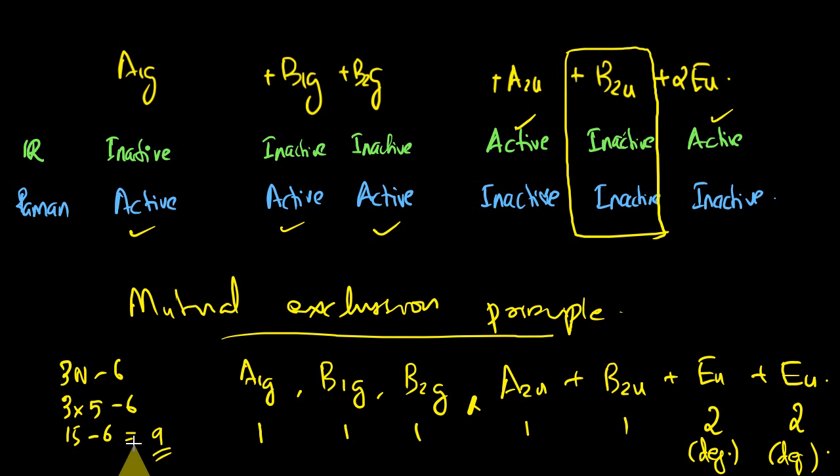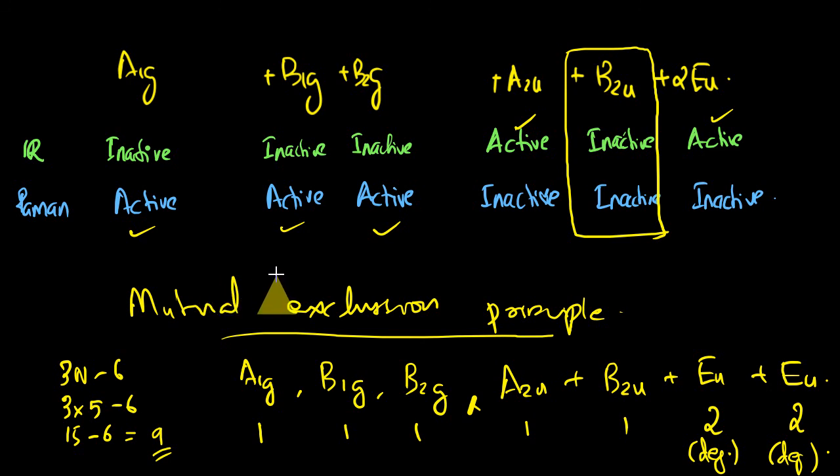So this is what you have to understand about the AB4 type of molecule, square planar AB4 type of molecule, and this molecule belongs to D4h, and this molecule is special because it contains an inversion center, and you have seen here what are the vibrational modes and which are Raman active and which are IR active.